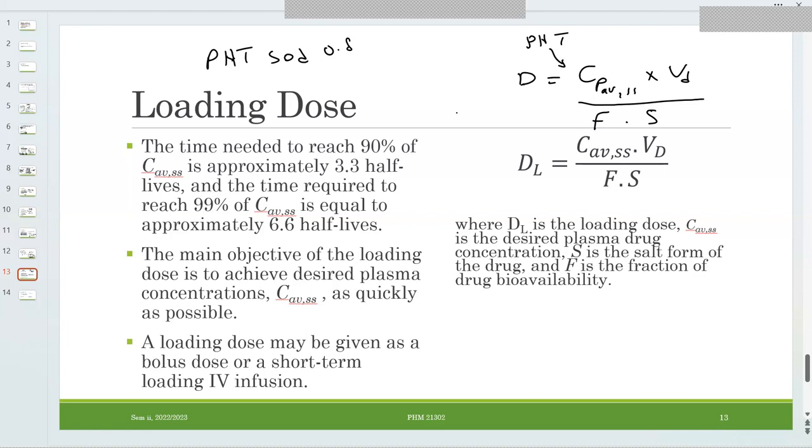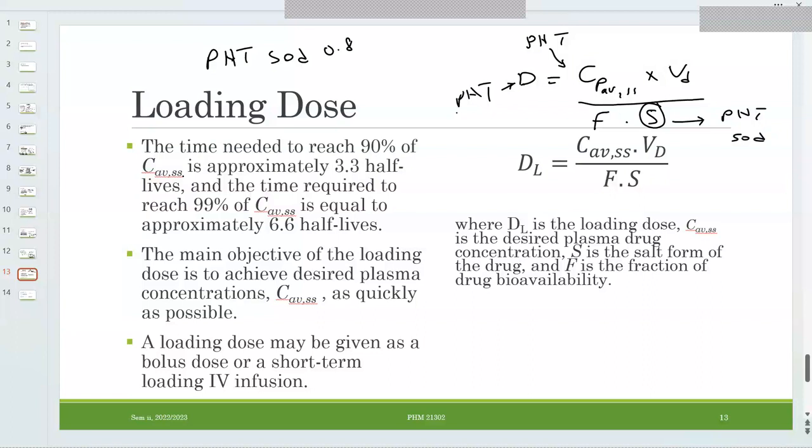For example, 0.8 of phenytoin sodium is phenytoin. Then the amount of phenytoin you need to deliver to achieve this is calculated like this. This dose, if you didn't use the S, will be the dose of phenytoin. But once you divide by S, it will give you the phenytoin sodium dose to be given to the patient.